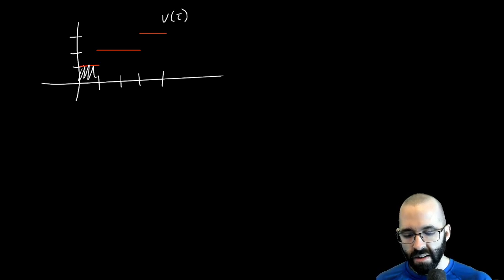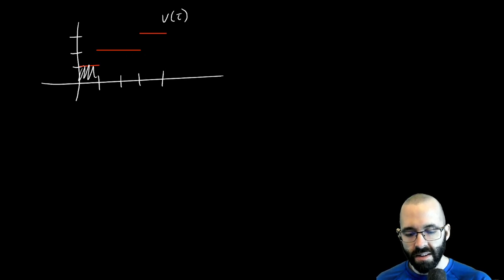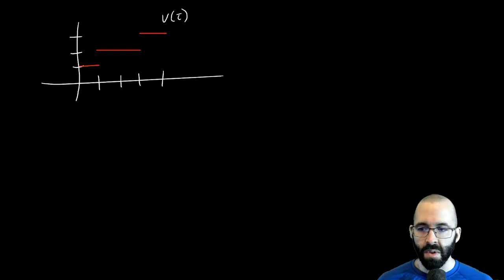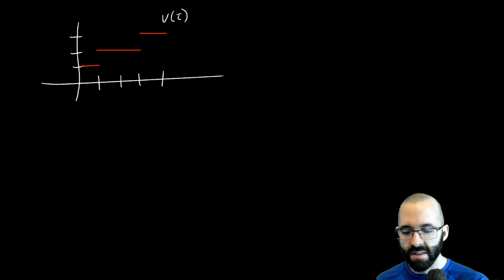And we found this area and divided it by the total length of the interval to find the average velocity. Because the area of the first rectangle is 1 times 1, the second rectangle is 2 times 2, and the third rectangle is 3 times 1. So if the velocity is simple like this, the average velocity is just the area divided by the length of the interval.